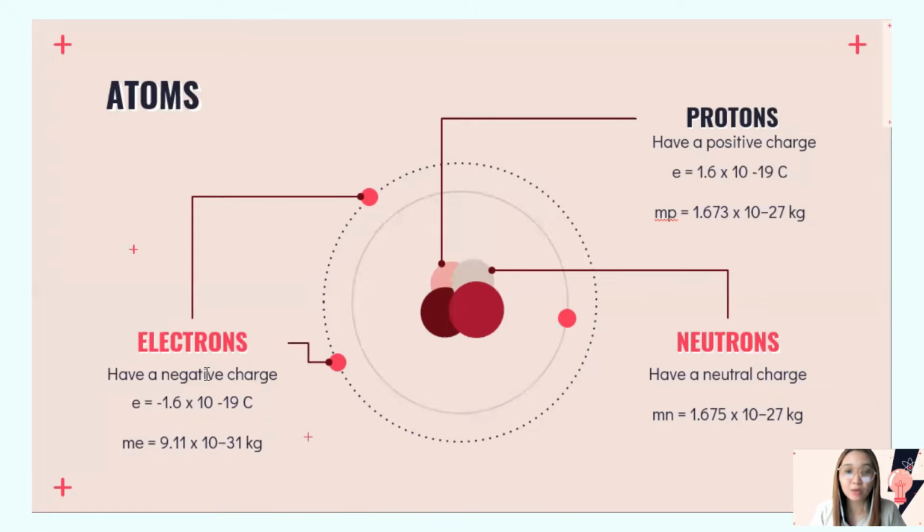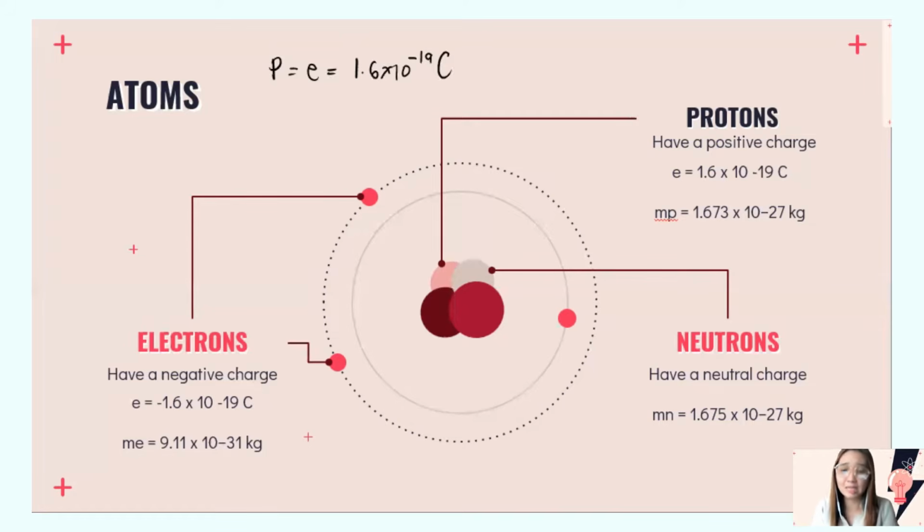If we are going to compare electrons to protons, they do have the same magnitude of charge, which is 1.6 times 10 raised to negative 19 coulomb. But since electrons are negatively charged, the value of its charge becomes negative 1.6 times 10 raised to negative 19 coulomb.